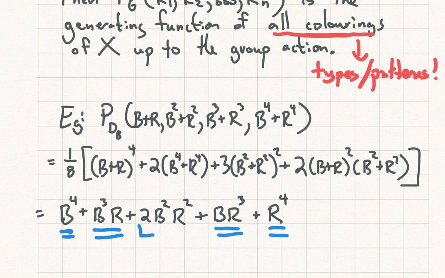And then we have 2 different types of colorings that are 2 blue and 2 red. There are the ones where they're next to each other, like that, or the ones where they're separated, like that. So this polynomial gives us a lot of information about the possible colorings.